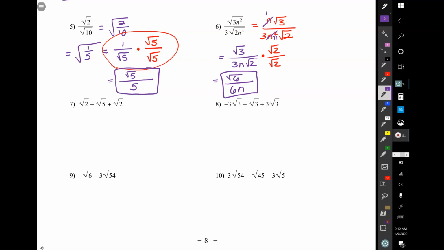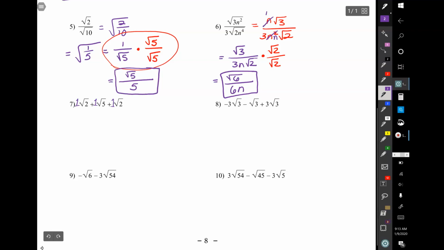you have to have the same index. Okay, so outside here is as if it's a 1 times square root of 2 plus 1 times square root of 5 plus 1 times square root of 2. So my like radicands are the square root of 2. Now I do have to make sure, just double check, yeah, the index is the same also.